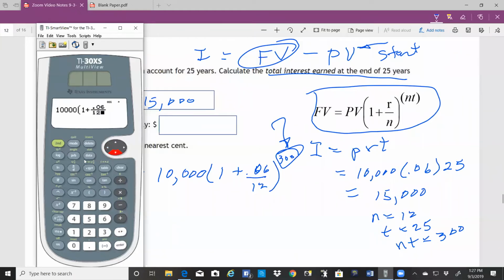Let me delete that right parentheses. Notice you have to move it over so you can put the parentheses in the right place. So be careful.